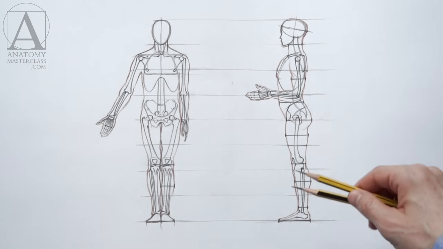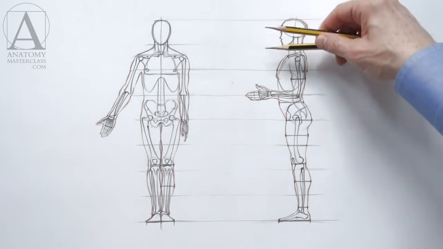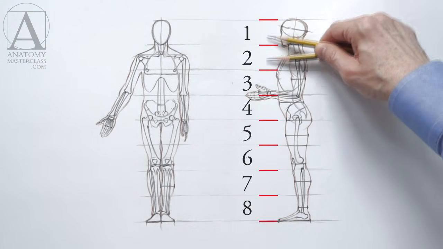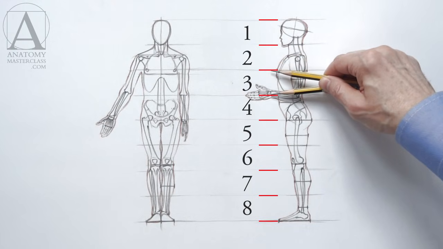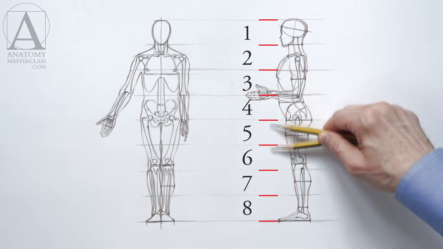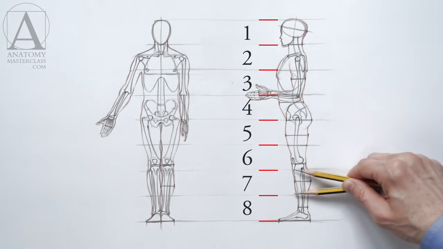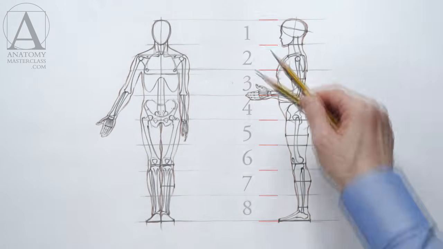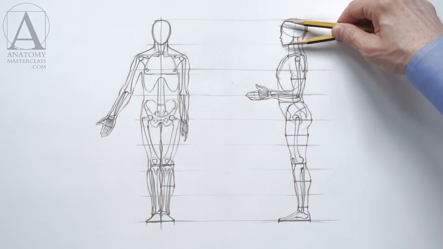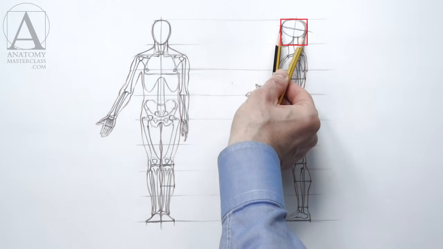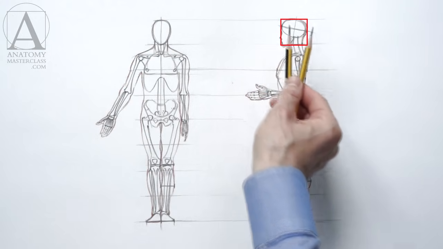Let's come back to the drawing. Here is a male figure in profile. It has been drawn in the same 8-head canon as the previous one. In side view, the height of the head is the same as its depth, so it could be inscribed in a square.